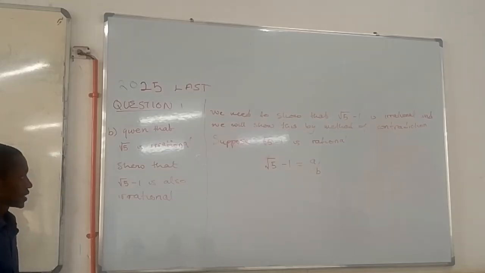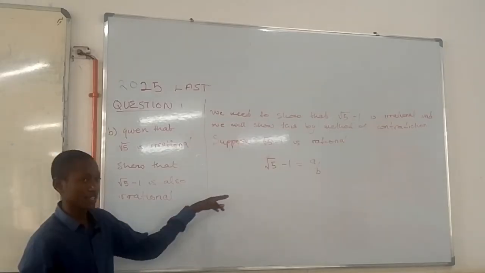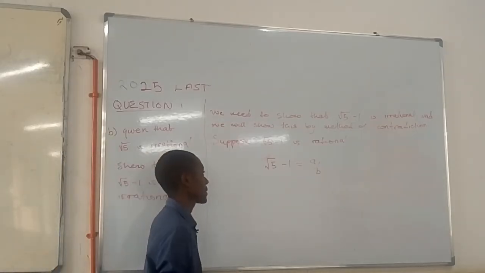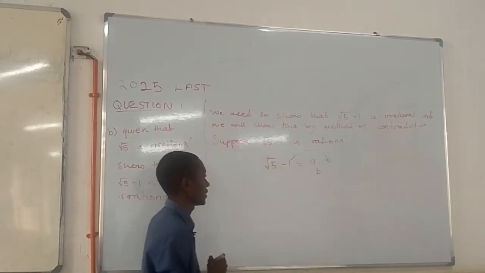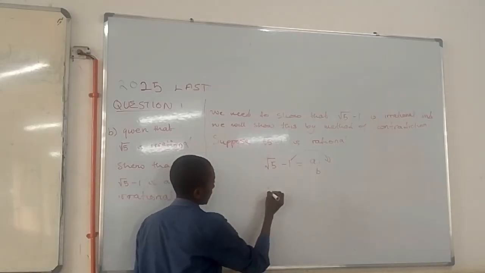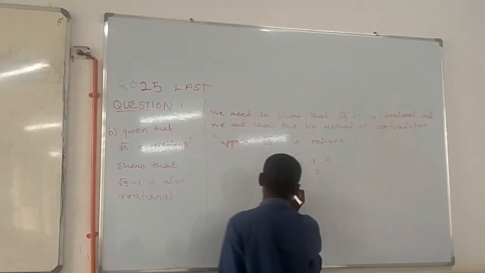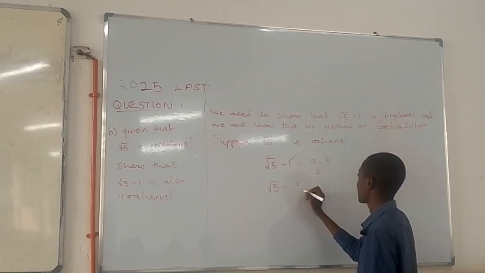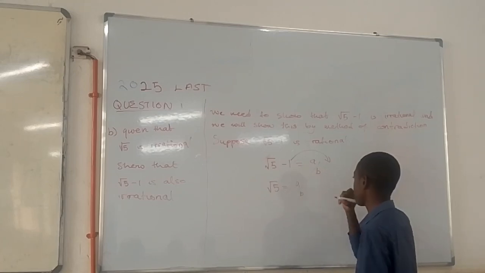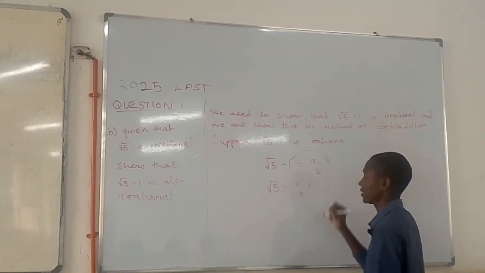Once we express it as a fraction, the next thing we need to do is take this one to the other side. So we remain with root 5 is equal to a over b plus 1.